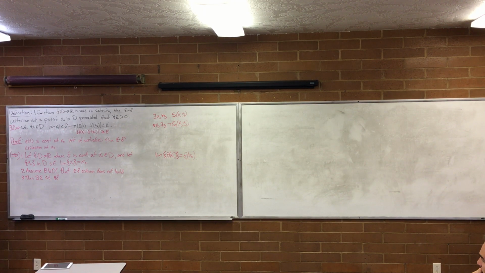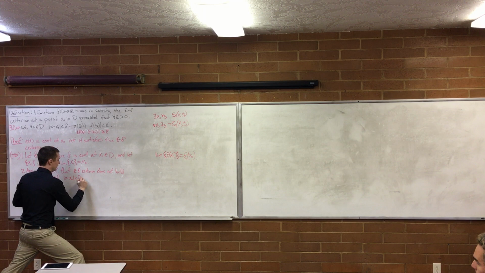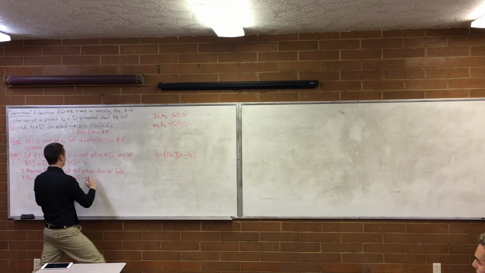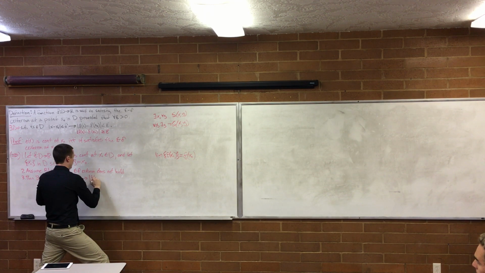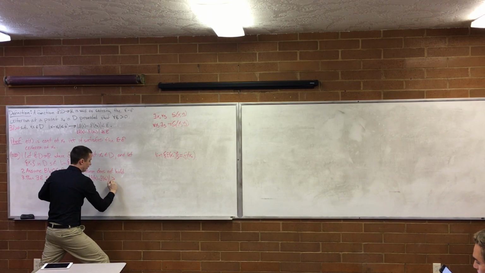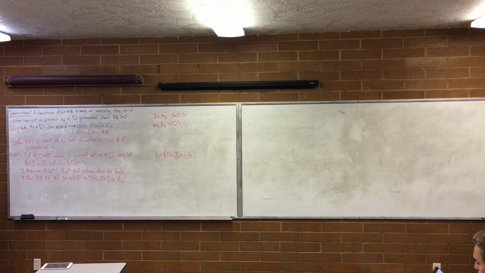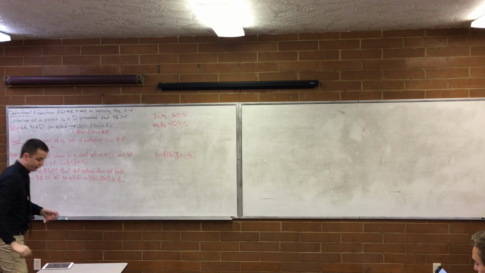So then there exists some epsilon such that for all delta, x minus x naught less than delta implies the absolute value of f of x minus f of x naught is greater than or equal to epsilon. You follow me on that?